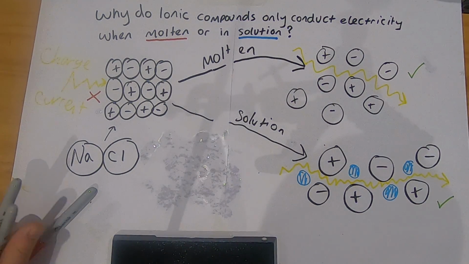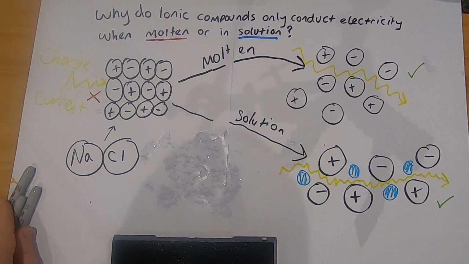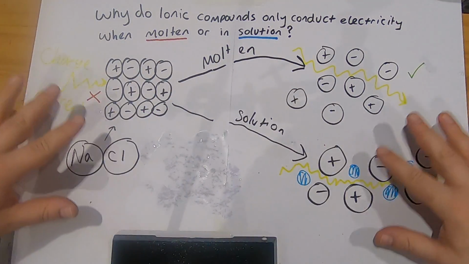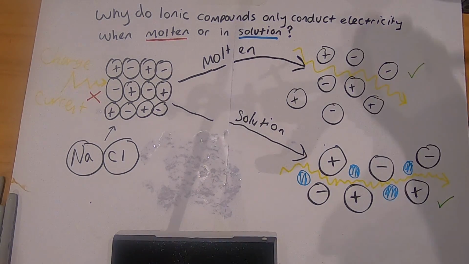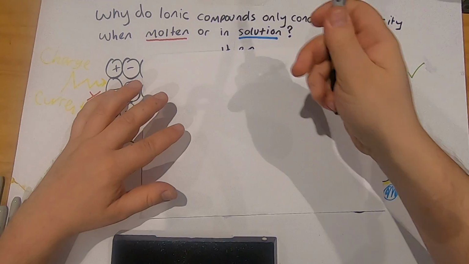Now, if you're in an exam, are you expected to describe this whole thing? No, it's generally a 2-mark question, and the answer is really simple. We are going to put that down here, and here is the answer.